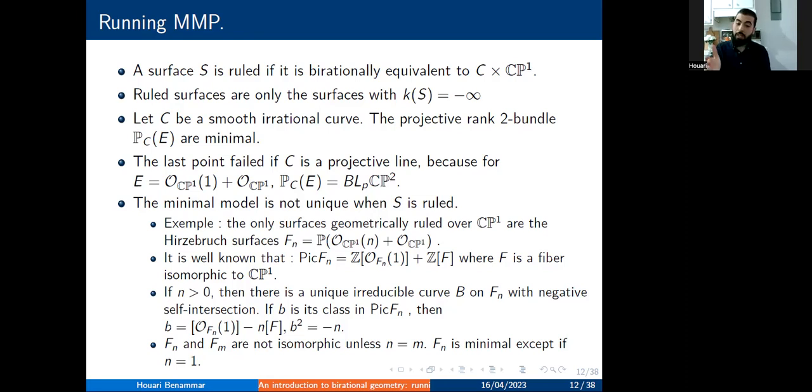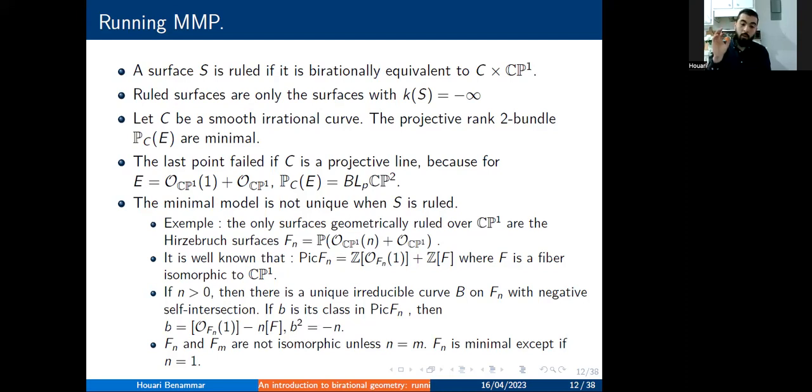So this is a -1 curve, and this means that F1 is not minimal. But by this fact, you can see that Fn are always minimal except for n equal to 1. And all these surfaces are birational, but not isomorphic.